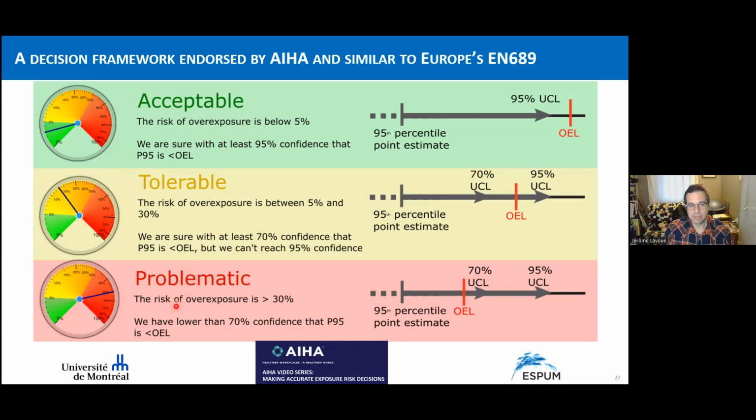And if the risk of overexposure, so the chances that there is a problem, are over 30%, this is problematic. This is something where we need to act, right? And you can see the correspondence between the traditional interpretation scheme we saw yesterday and this new one.